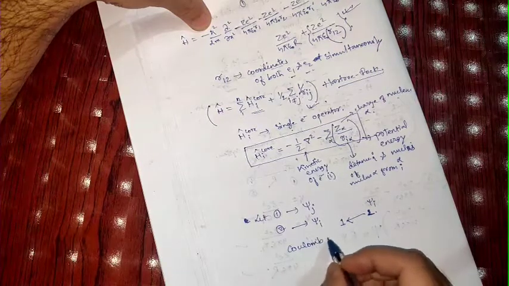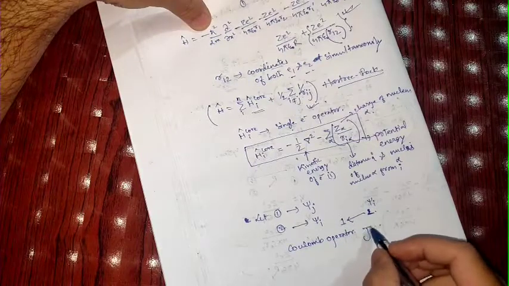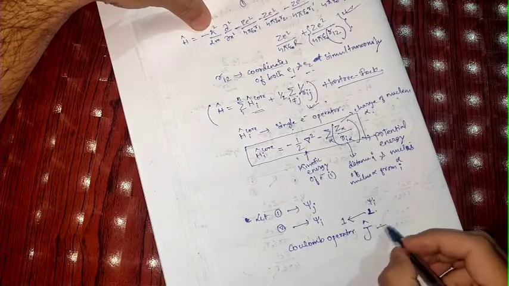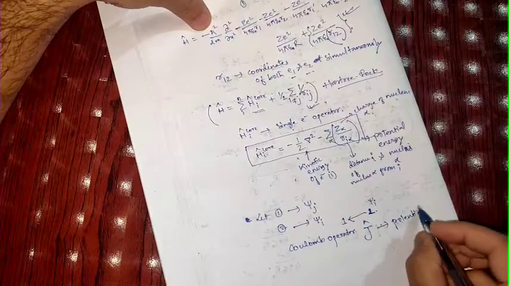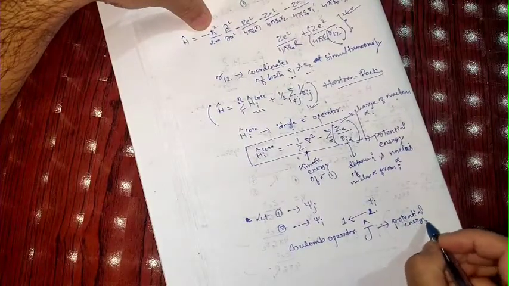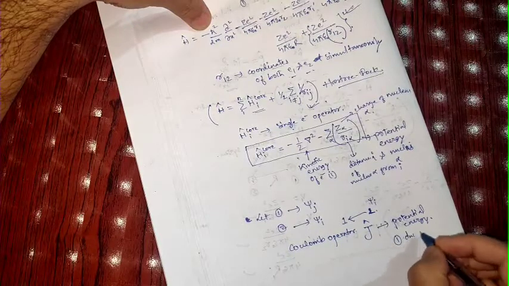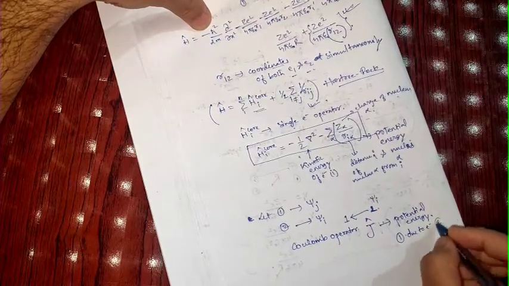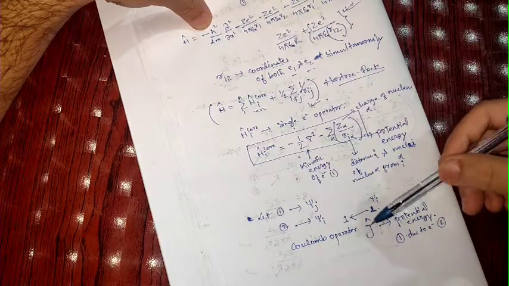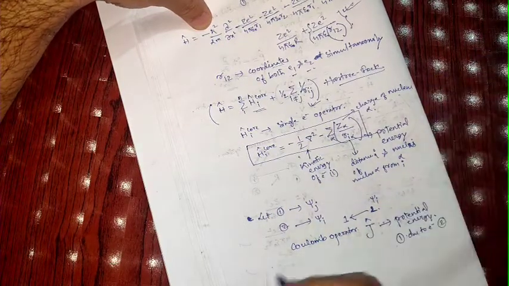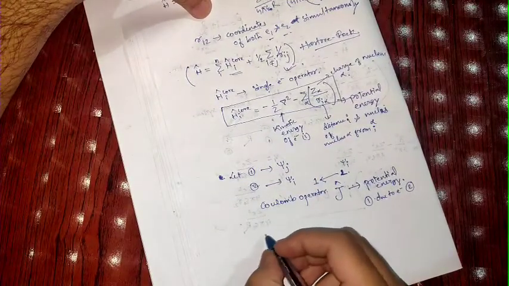What is this Coulomb operator? The Coulomb operator is denoted by J cap, and it is nothing but the potential energy experienced by one electron, say electron 1, due to electron 2. So we have introduced here the Coulomb operator.